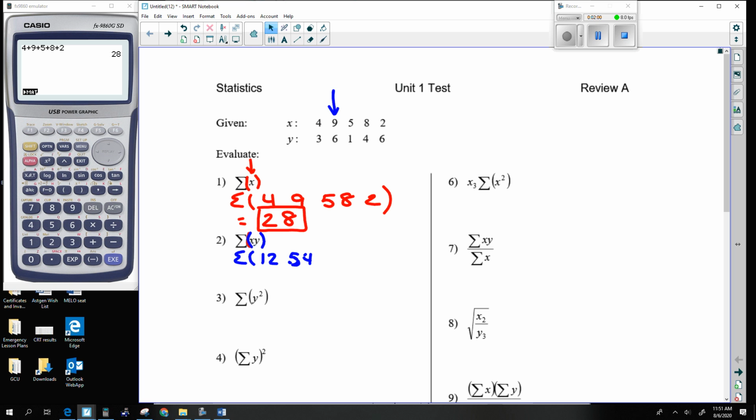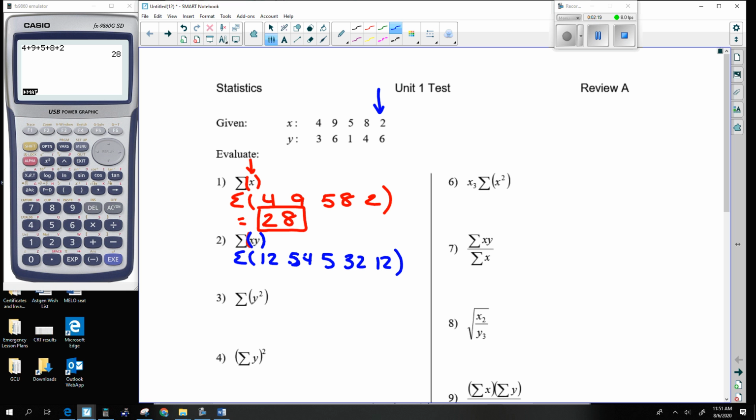The next x times y is 5 times 1. Then 8 times 4. And last but not least, 2 times 6.